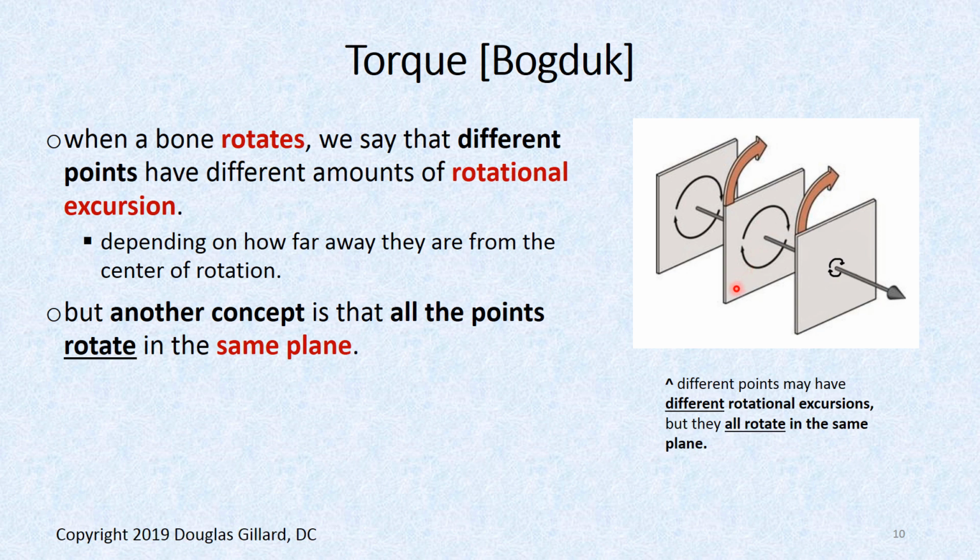If we put a point way out here, the excursion is going to be quite great. But the other concept, even though these points have different excursions, is that they all rotate in the same plane. So that's the key there.